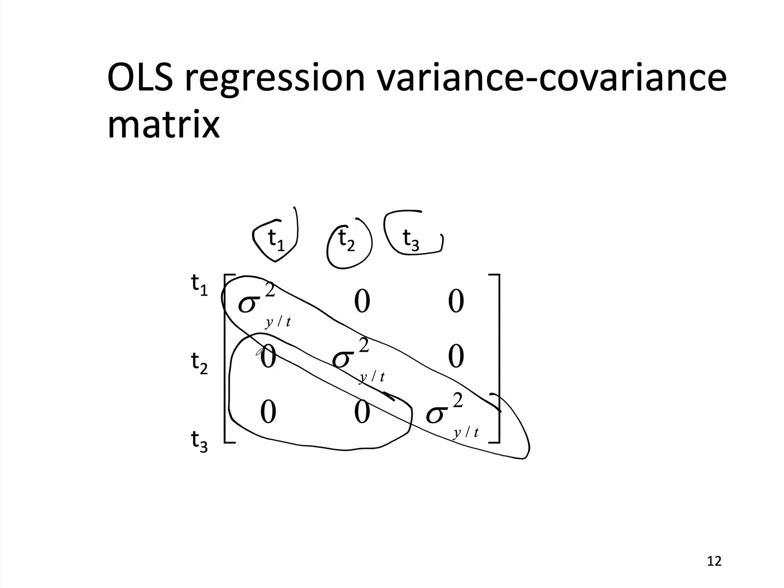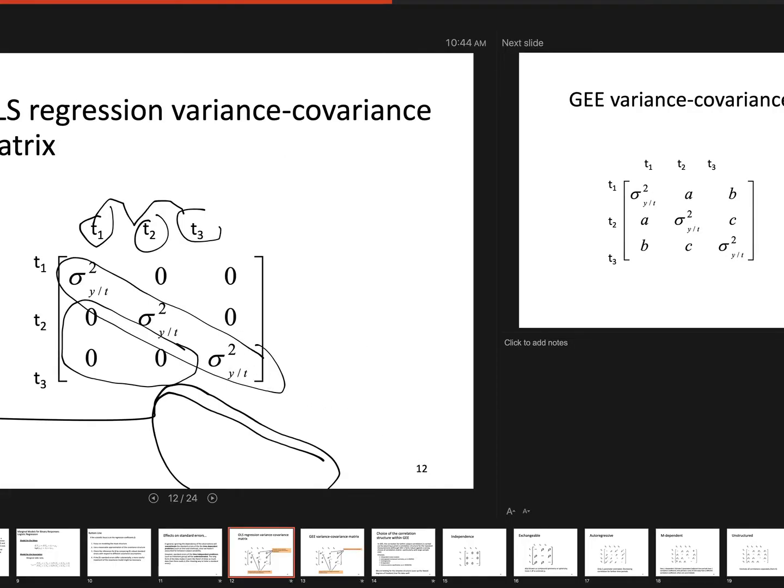We've assumed that there's no shared variance between this, but we know that if I'm measuring a person at time 1, time 2, and time 3, there is going to be a shared variance. So this 0 is wrong, but we have assumed the 0 is correct.